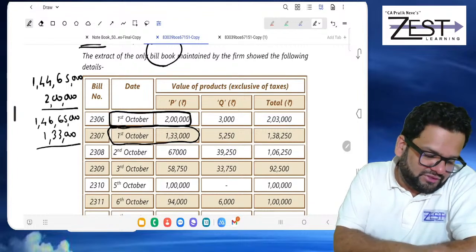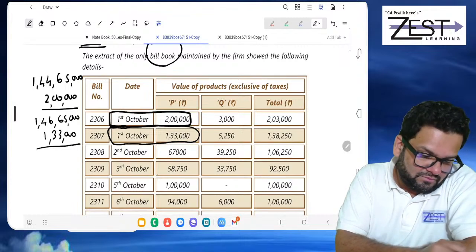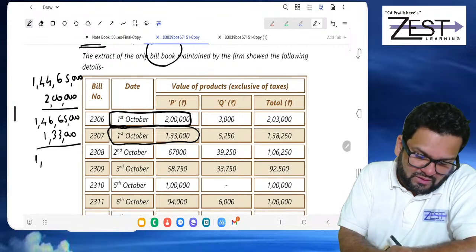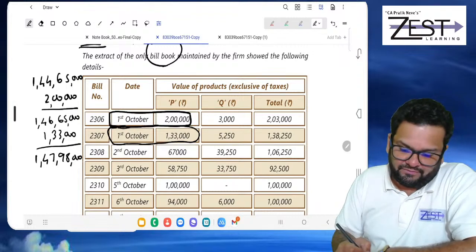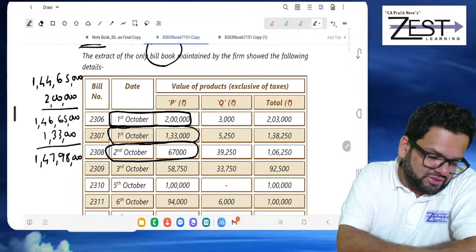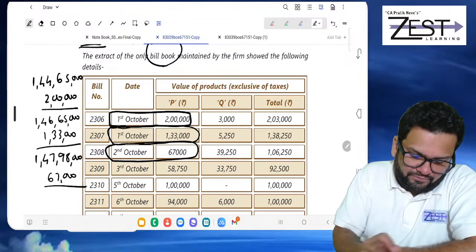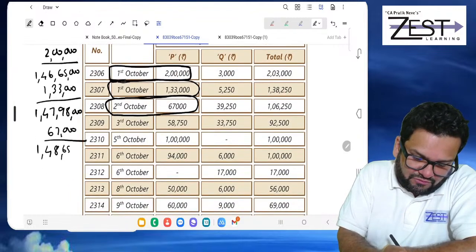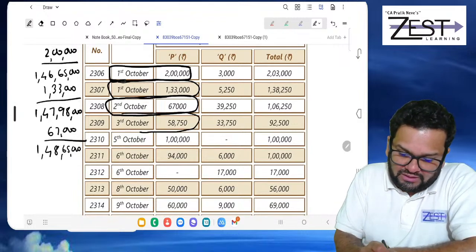Now you have reached 1 crore 47 lakh 98,000. 2nd October, 67,000. Have you now reached 1 crore 48 lakh 65,000? Yes. 3rd October.